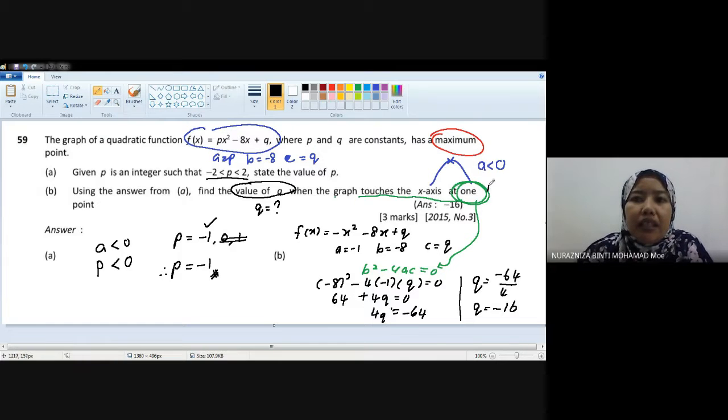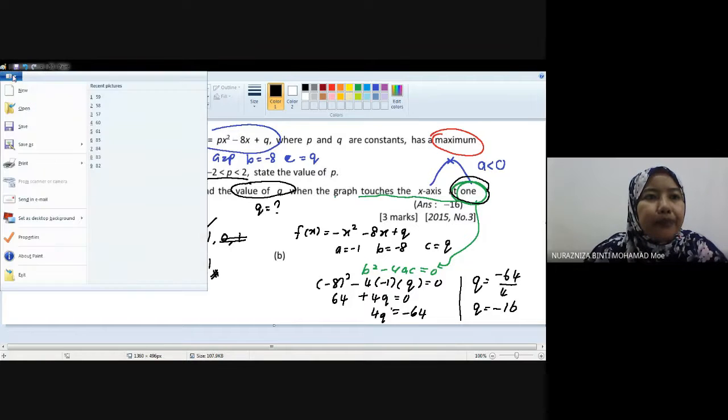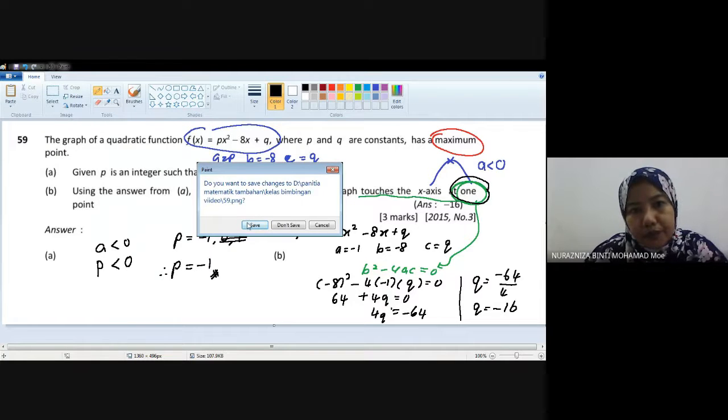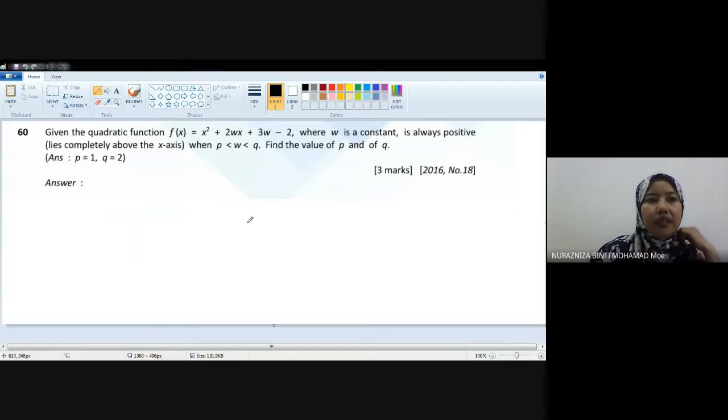Okay, the keyword is touches the x-axis at 1 point. Alright, now next question number 60. Given the quadratic function is x squared plus 2wx plus 3w minus 2.